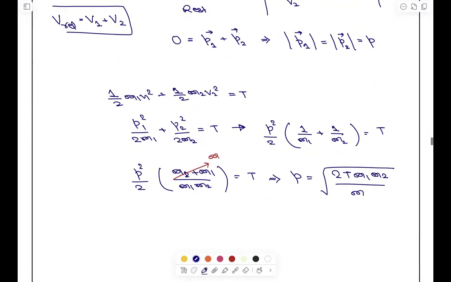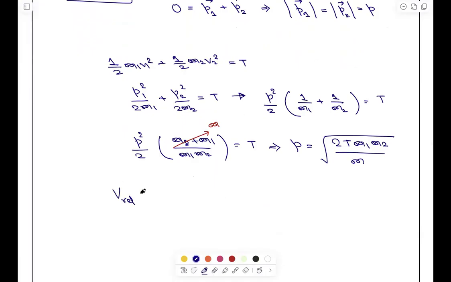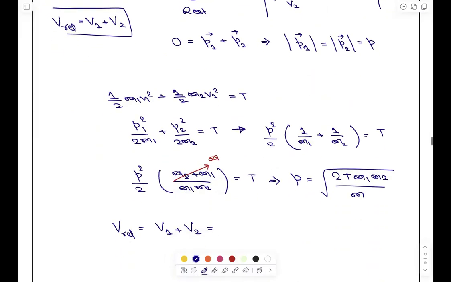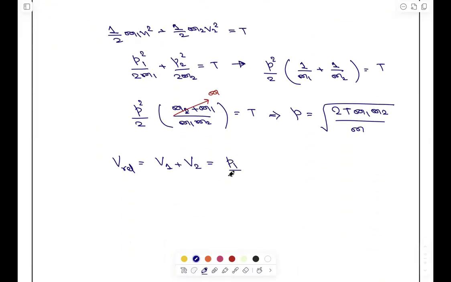Now what we need to find out is v relative, which is v1 plus v2 because they are moving in opposite directions. What is v1? It is p1 by m1. What is v2? It is p2 by m2. Since we have written v1 plus v2, we have eliminated the vector aspect and are working with scalars. So I can take p common: 1 by m1 plus 1 by m2.